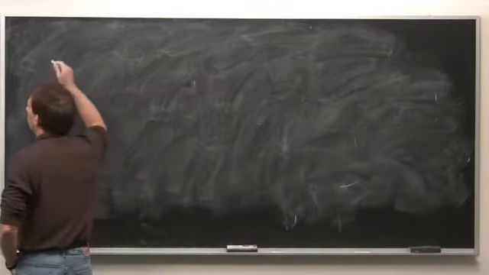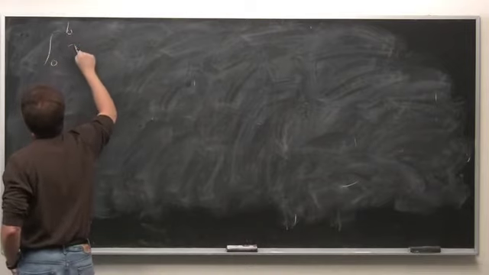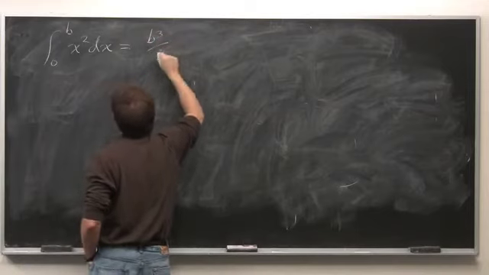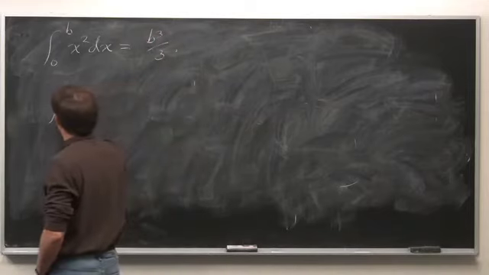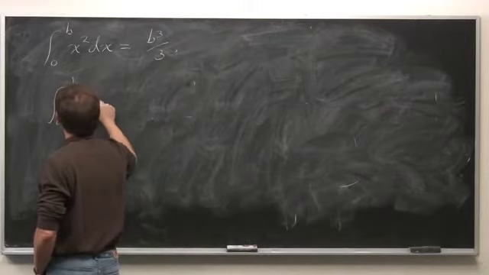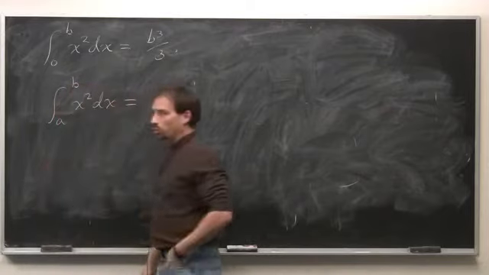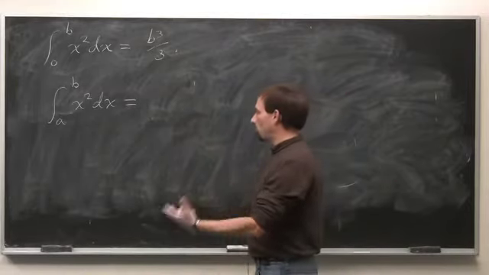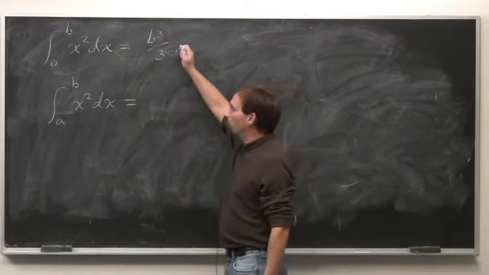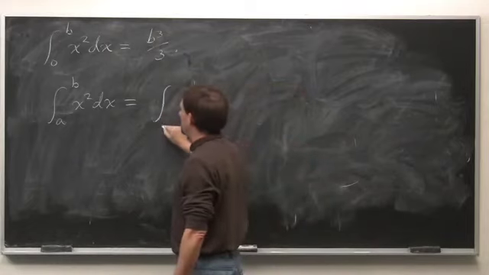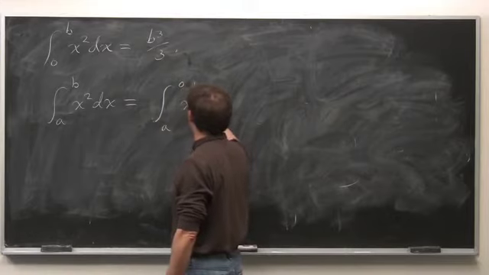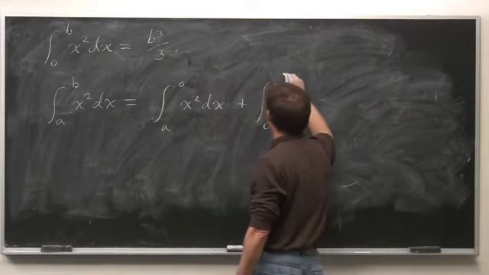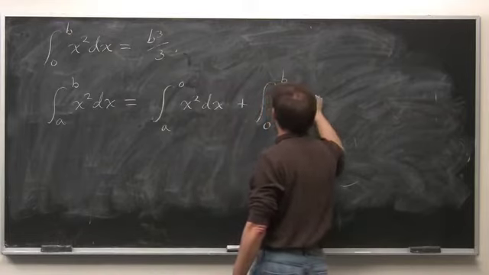So we now know the integral from 0 to b of x squared dx is b cubed over 3. What's the integral from a to b of x squared dx? Do we need to do another limit of Riemann sums argument? No. We can use our general properties of integrals to get this one just from this one, because we can integrate from a to 0 of x squared dx and add to that the integral from 0 to b of x squared dx.